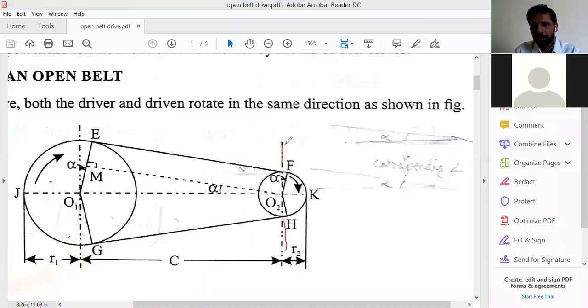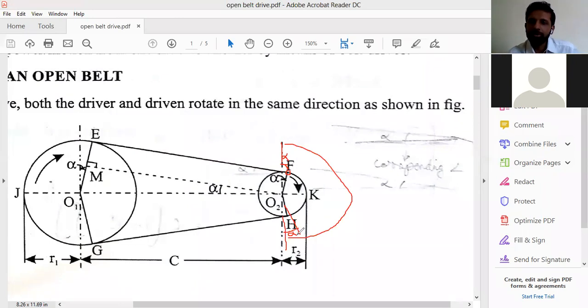Now if you look at this carefully, if we take this dotted vertical line, this is going to be completely 180 degrees, but the belt is not going to come in contact exactly over here; it is after this point. So there is this angle alpha, where for this much angle the belt is not in contact with the circumference of the smaller diameter pulley. Similarly at the other end also, for this much angle alpha, the belt is not in contact.